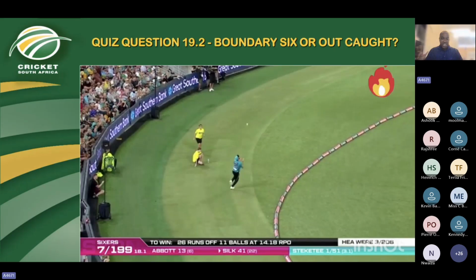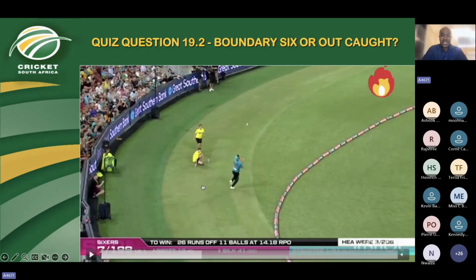So we're in a funny transition period currently. According to the current law, this is out caught. According to the ICC playing conditions, which have adopted the new law already, this would be a boundary 6.